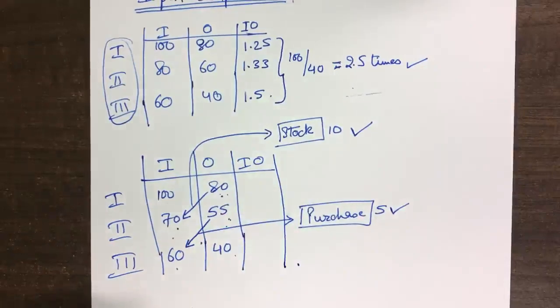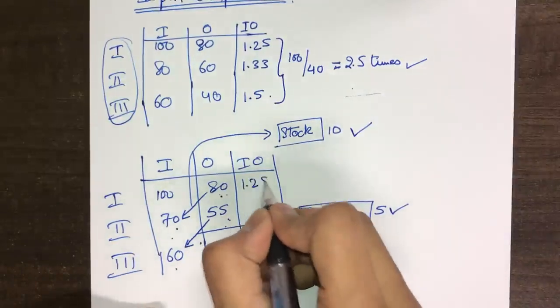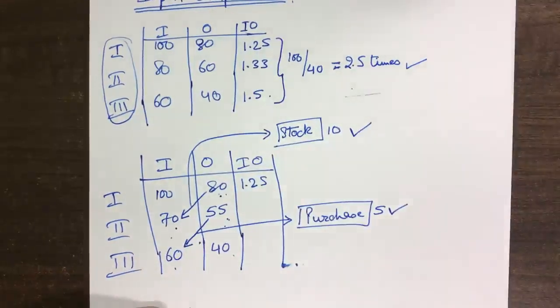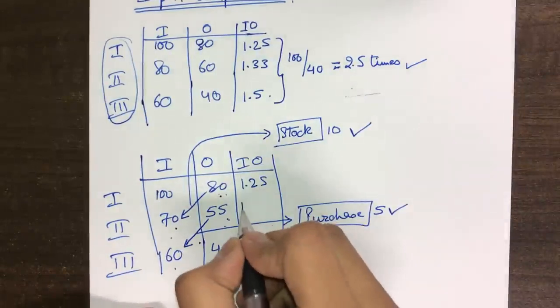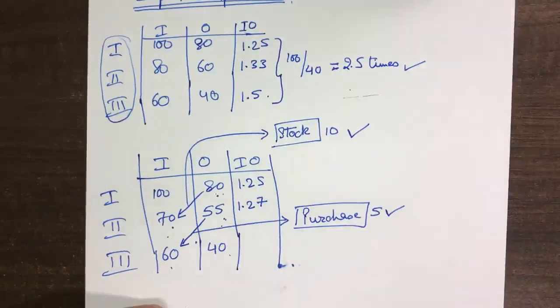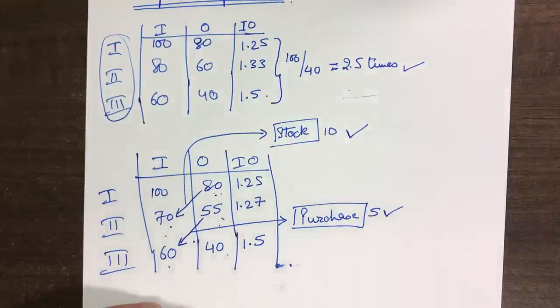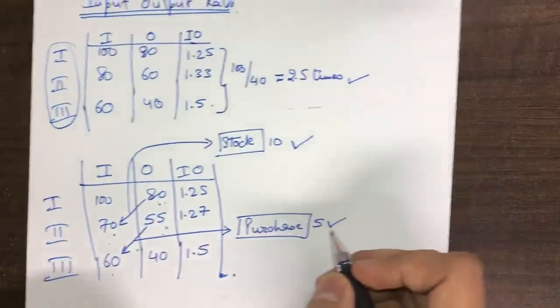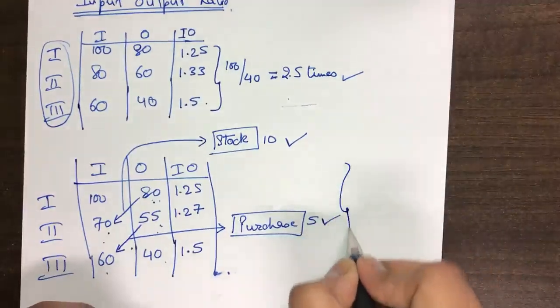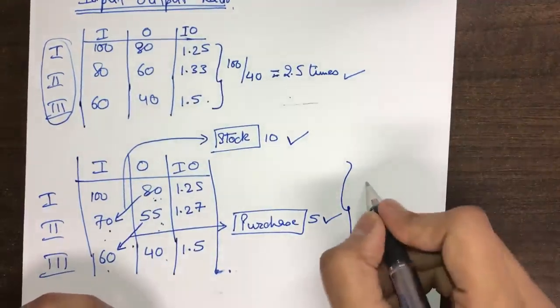Now let us compute the input output ratio. So for the first process, it remains the same. For the second process, it changes to 1.27. For the third process, it remains the same. Now please tell me, what is the input output ratio for the entire 3 processes?